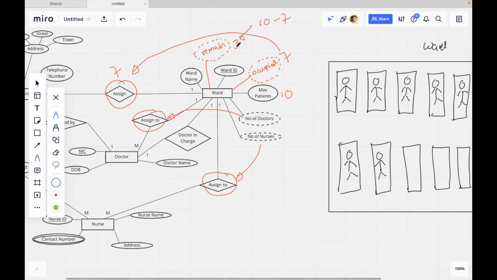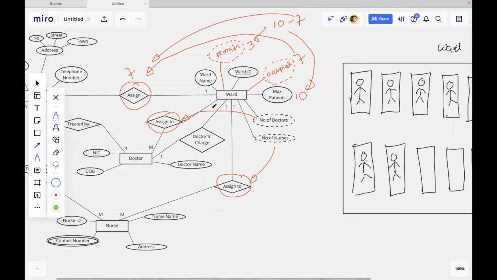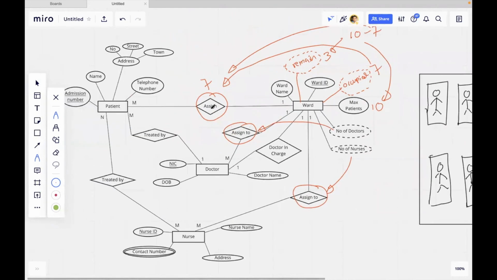The remaining you cannot directly get, but you can get it from here and here. 10 minus 7. You have to get the 10, get the 7, and deduct to get the 3. However, you can calculate it, therefore it is a derived attribute. That is why number of doctors and number of nurses are derived. Max patients is not a derived attribute. Okay, I think you may understand this part.